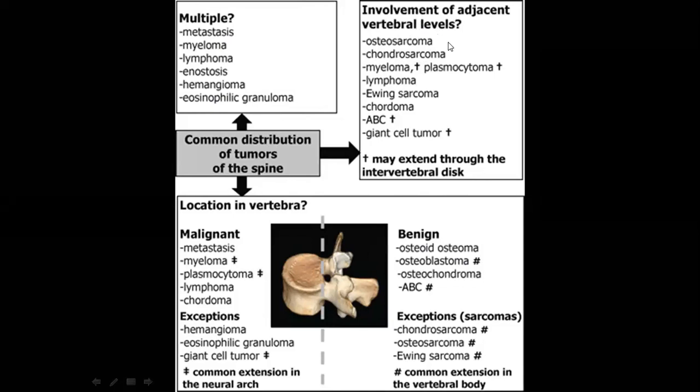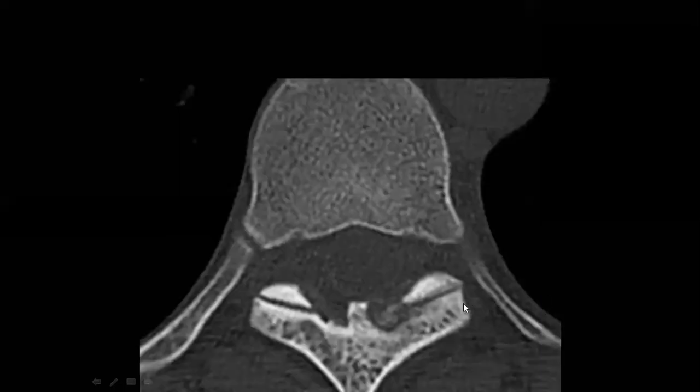When you find multiple vertebral levels, and when you find a common distribution of the tumor location in the vertebra, anteriorly or posteriorly: anteriorly is going more with malignant tumors like metastasis, myeloma, plasmacytoma, lymphoma, chordoma. You have exceptions, very helpful, like hemangioma, eosinophilic granuloma, and giant cell tumor, which commonly extend to the neural arch. Very nice table and text. Please check it.